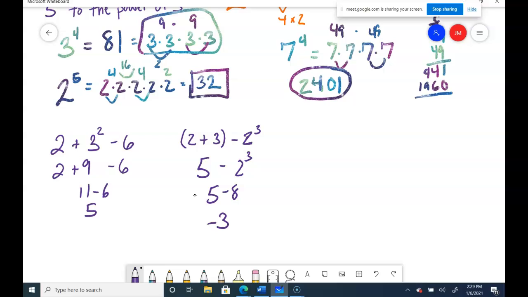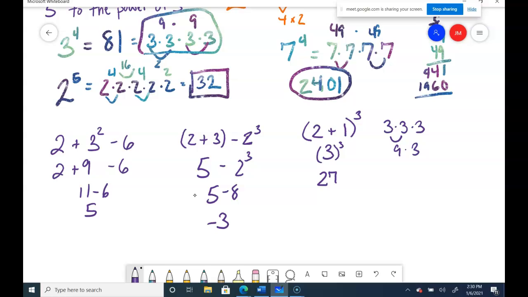Now here is something that you aren't going to see a lot, but you might see, where you have an exponent on the outside of parentheses. And it applies to everything inside the parentheses. So we're going to add these, and we get 3 cubed, which is 3 times 3 times 3. And we group them, and we get 9 times 3, which is 27.